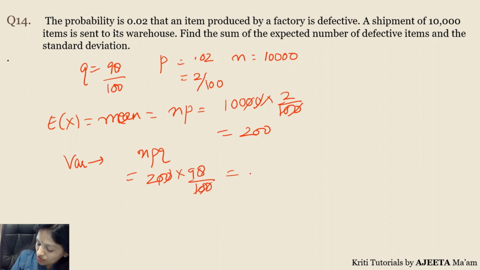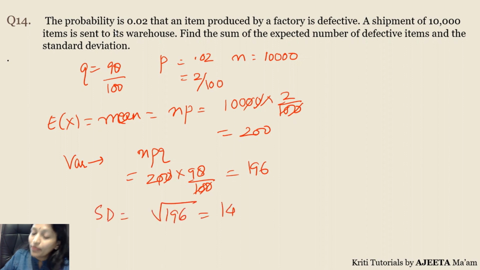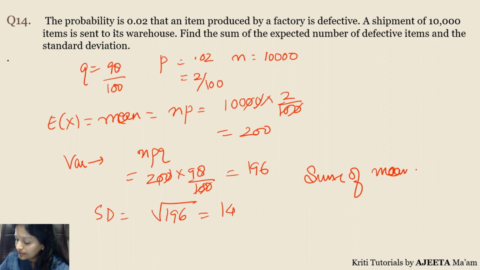Let's cancel the zero. So 196. Now standard deviation will be square root of 196, that is 14. Right? Now the sum of mean and standard deviation, that comes out to be 200 plus 14, that is 214, right? So that will be the simple answer.